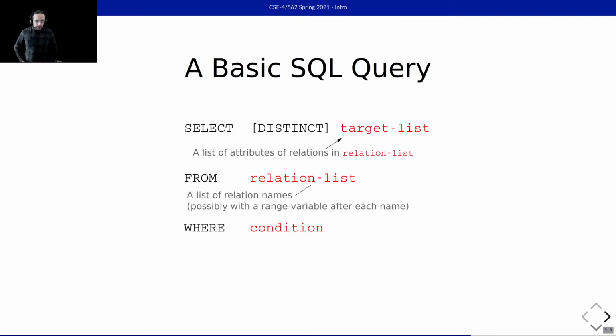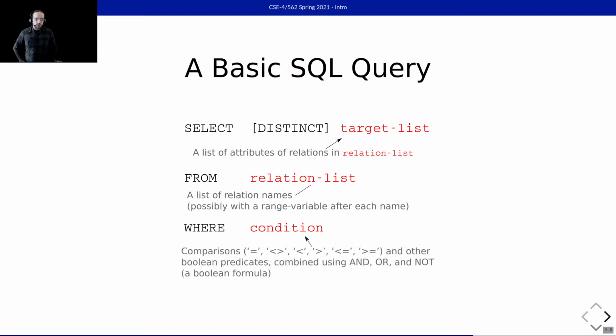The target list tells you what attributes you want to see in the result. Those are attributes that should show up in the relation list. And the condition is a Boolean predicate that tells you which records you are interested in seeing. There's an optional distinct keyword that asks you to remove duplicate records as well.